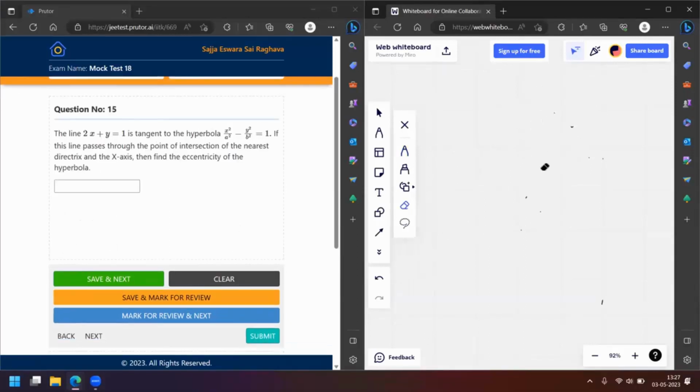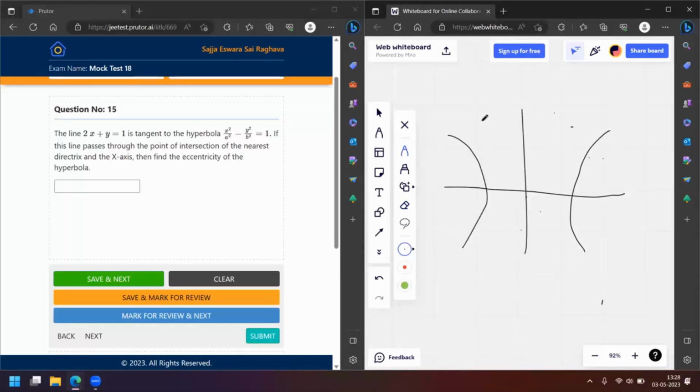Okay, the 15th question. The line 2x plus y equal to 1 is tangent to the hyperbola. If this line passes through the point of intersection, this is our hyperbola. We have been given the tangent, which is 2x plus y. There are two directrices given, and the line passes through the point.